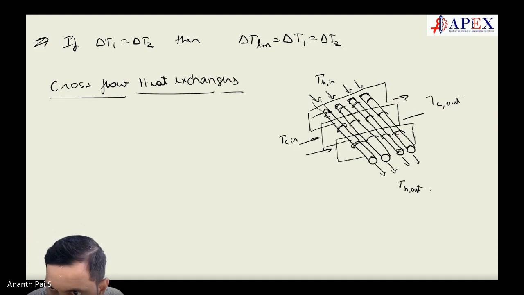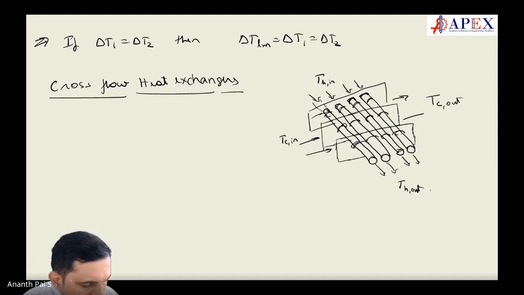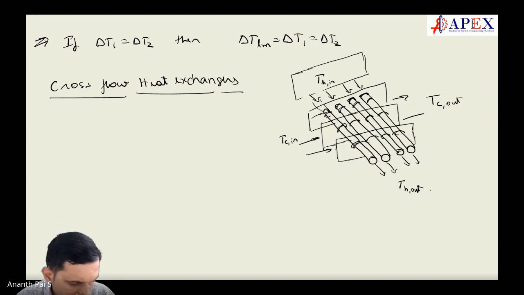Cold fluid out. Okay. So now, one of the main problems here is, if you consider temperature versus the length here, this is length, the temperature profile here is all straight.